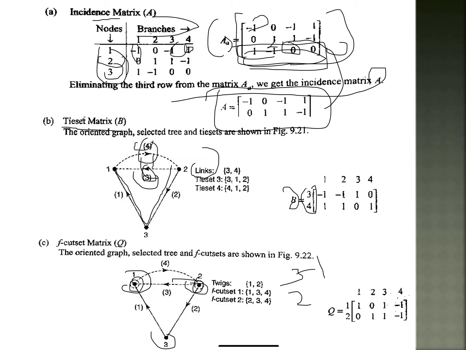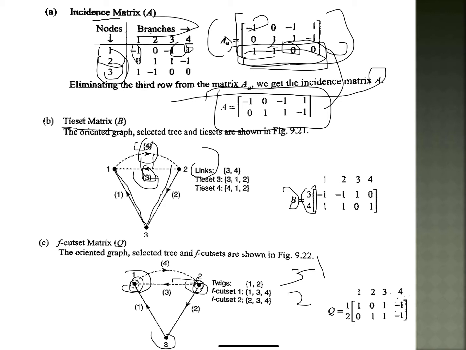For the incidence matrix, there are 3 nodes for branches 1, 2, 3, 4. Moving towards means -1, and moving away is 1. So the incidence matrix is given as Aa, with entries -1, 0, -1, 1, and from branch 1 to node 2, from branch 1 to node 3, it is taken as 1, -1, 0.